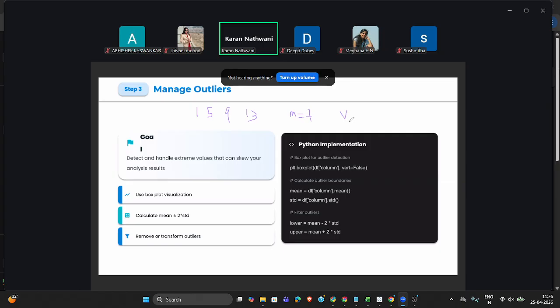Let me explain again: (1 minus 7) whole square plus (5 minus 7), that is 2 whole square, which is 4, plus (9 minus 7), again 2 whole square, it is 4, (13 minus 7), 6 whole square, it is 36. Then 1 minus 7 is 6 square, 36. So 36 plus 36 plus 4 plus 4 divided by 4. Can you please give me the number?